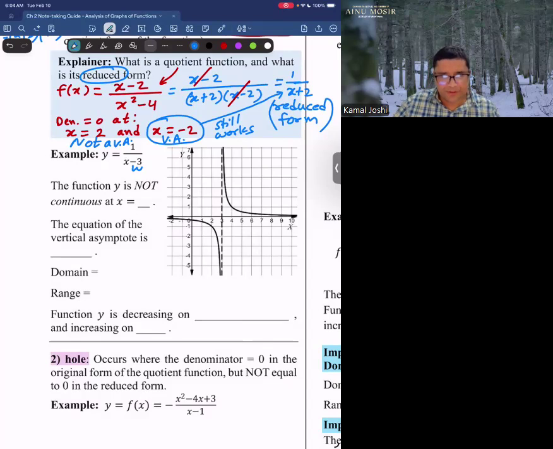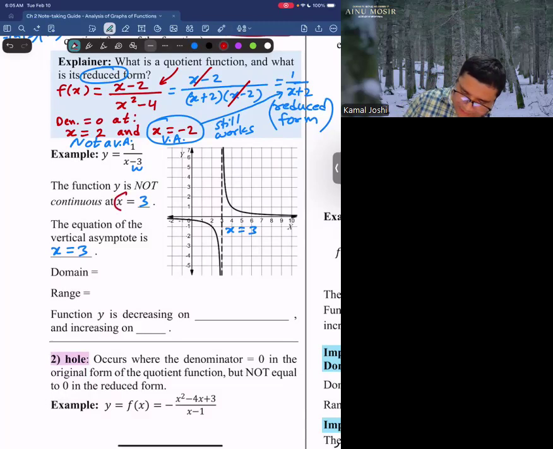Now, because the denominator is 0 there at x equal to 3, you get a vertical asymptote there. The equation of the vertical asymptote is the line x equal to 3. This is the vertical asymptote. Its equation is x equals 3. Now, don't get confused between two things here.